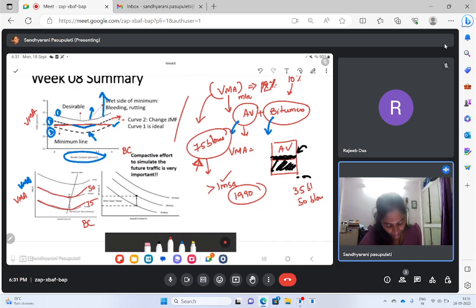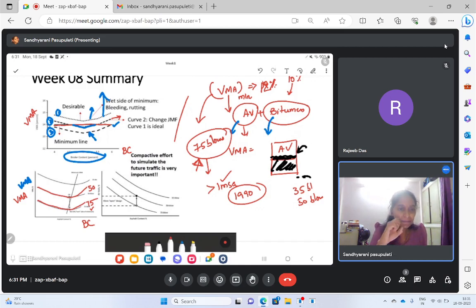I have come across 75 blows. That means I assumed that my traffic is 1 MSA and designed accordingly, but in the field the traffic doubled, or let us say 100 MSA has come. What happens then? Let us say we have a sponge and we have dipped that sponge into the water, and if I press a little, and I also assume that nobody will press that sponge too much, so everybody is pressing with little pressure.